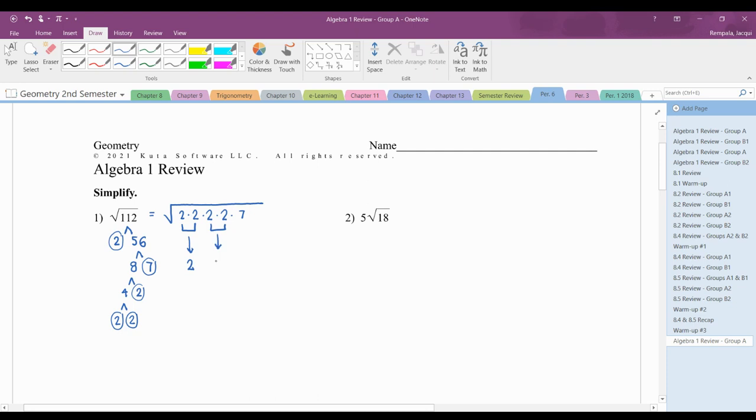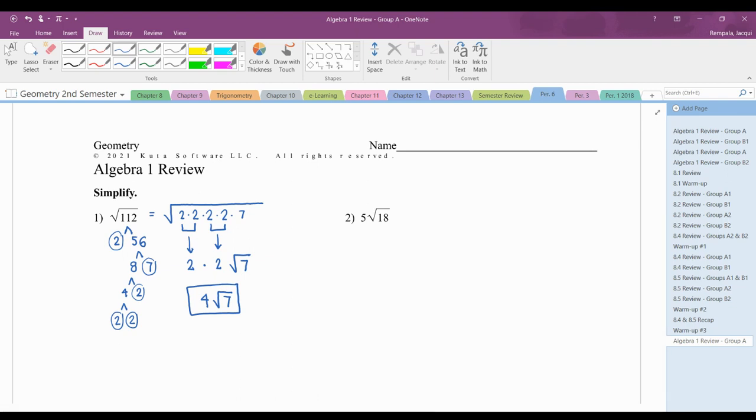I have another pair of 2s, so another 2 gets moved outside, but the 7 wasn't paired up, so that stays underneath the radical. The numbers that move outside, you multiply together. So 2 times 2 on the outside tells me that 4 goes on the outside, and 7 stays under the radical, and that is my simplified answer.